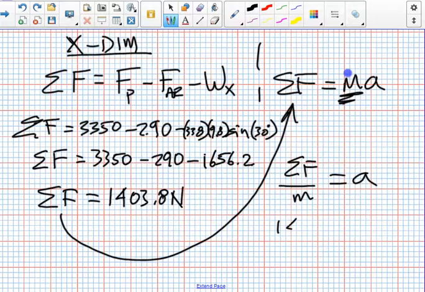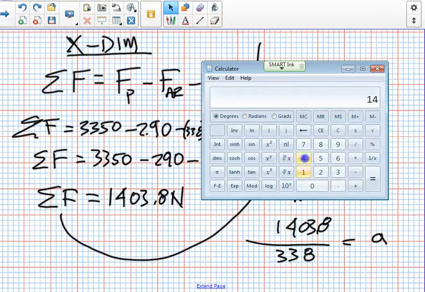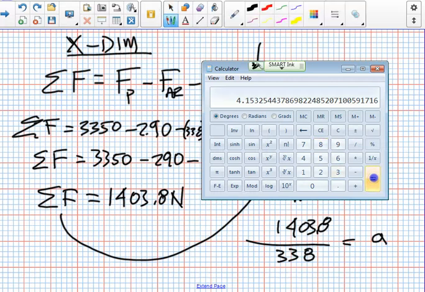So that's going to be 1403.8 newtons divided by the mass of the motorcycle, which is 338, equals the acceleration of the motorcycle. 1403.8 divided by 338, bammo. I'm going to get an acceleration that is equal to 4.15 meters per second squared up the ramp.